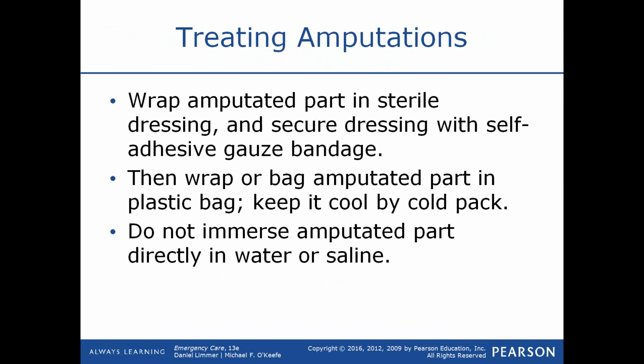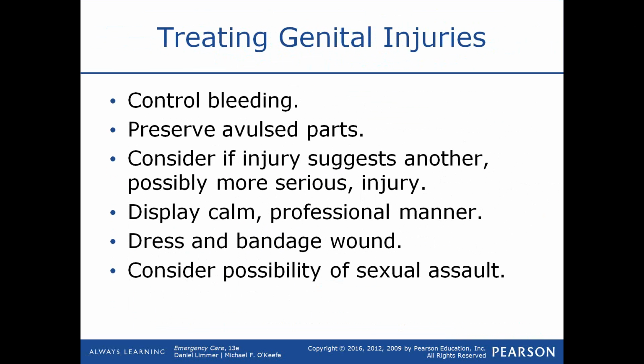Now, if the amputated part is small enough, we're talking a finger or fingers, wrap them in a dressing, put the dressing in a Ziploc bag, and then put the Ziploc bag in a bag containing ice or ice and water. Don't immerse the amputated part directly in water or saline. It'll become overhydrated. It'll fill up with water and can damage the tissue.